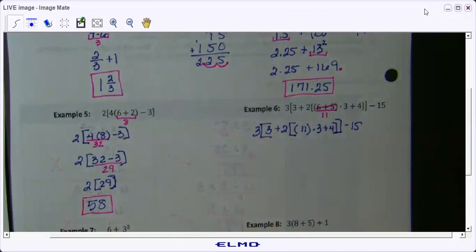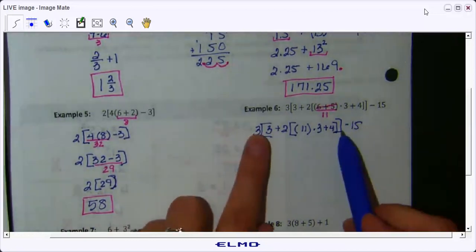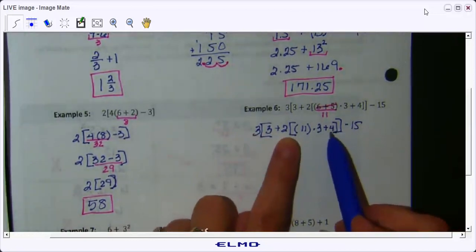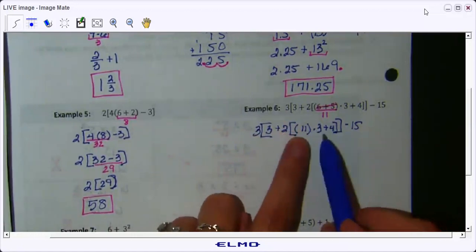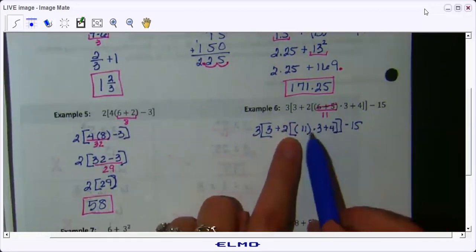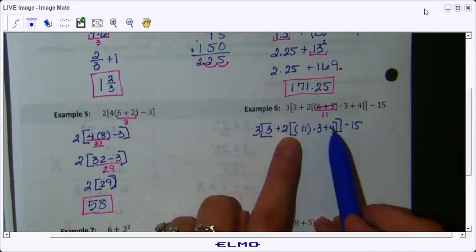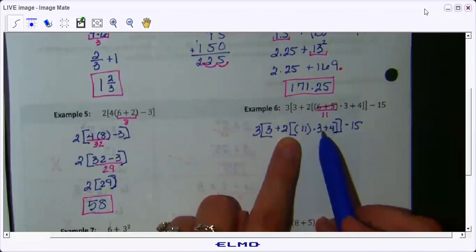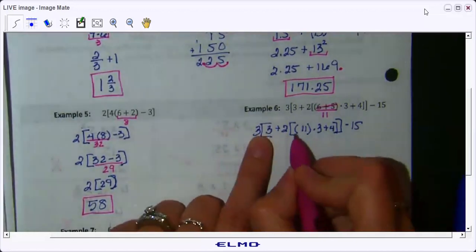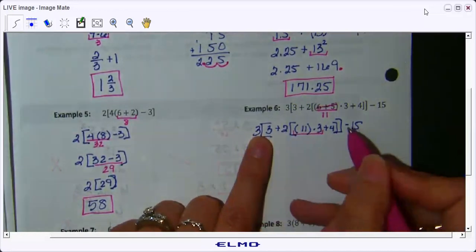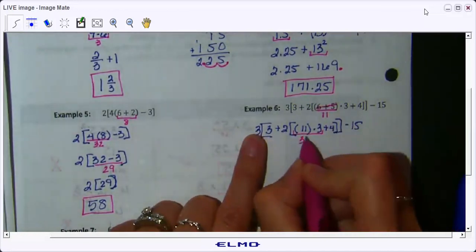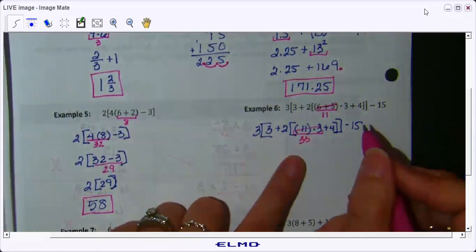All right, we're still working with the innermost parenthesis, but we were able to get rid of one of them. So now we have a set here and a set here. So within this bracket right here, I have 11 times 3 plus 4. Well, according to order of operations, I have to multiply my 11 times 3 first. And I get 33. So I'm going to cross that off.